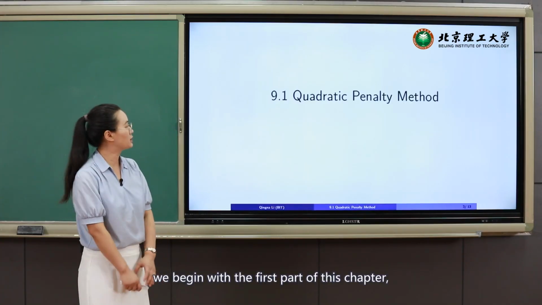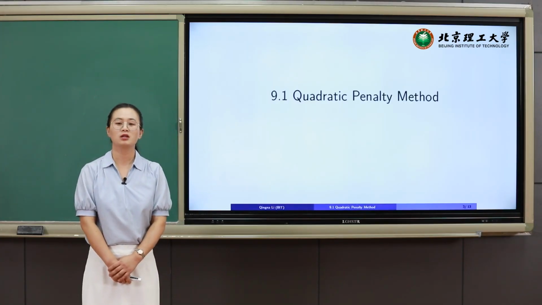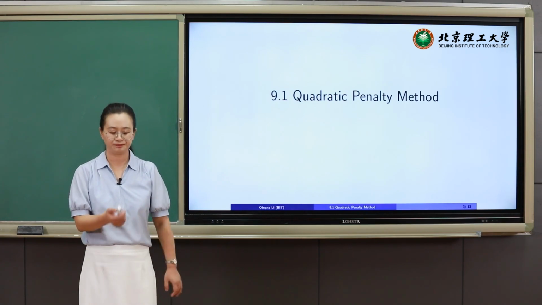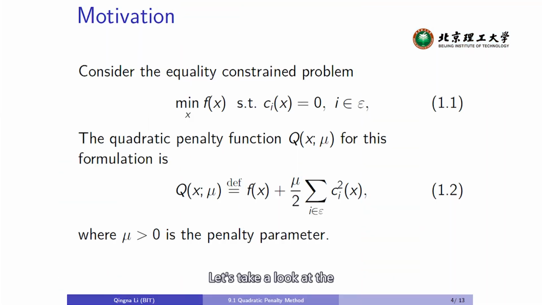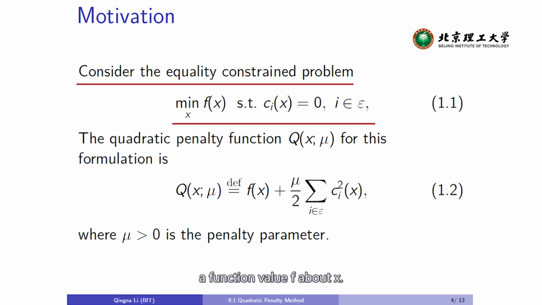Now, we begin with the first part of this chapter, the quadratic penalty methods. Let's take a look at the equality constraint case first. So we try to minimize a function value f about x, and we have some equality constraints only, right?